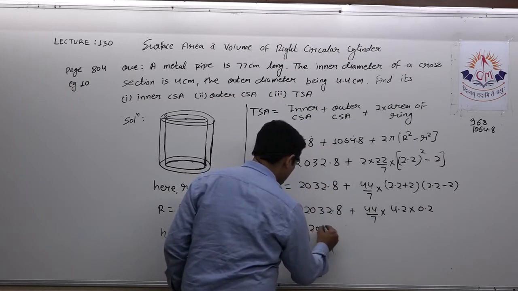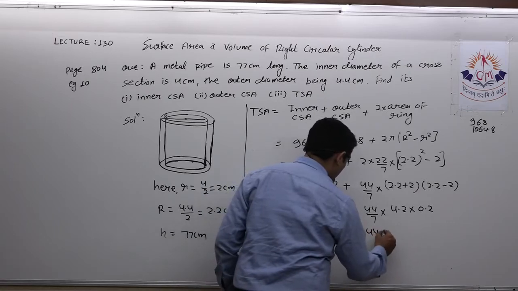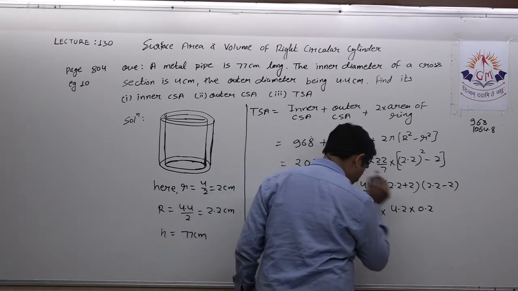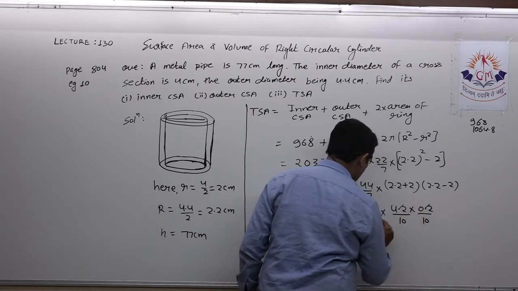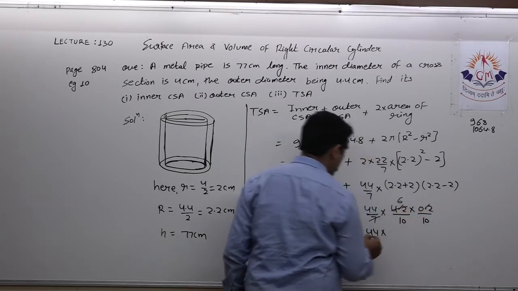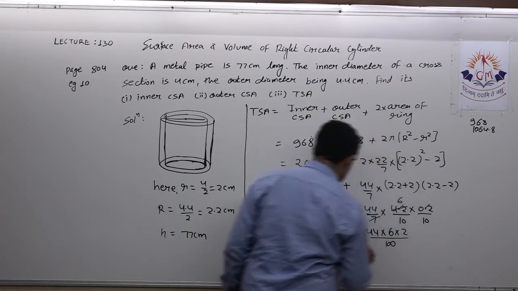So 2032.8 plus 44 multiplied by, I can do this by removing this decimal. 7 6s are 44 into 6 into 2 upon 100.